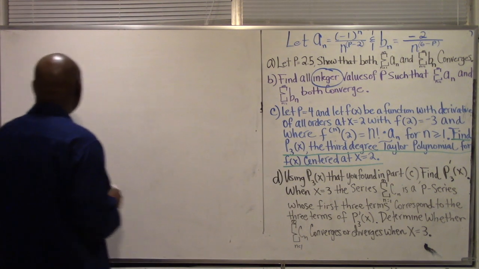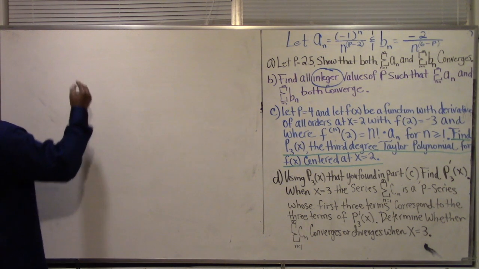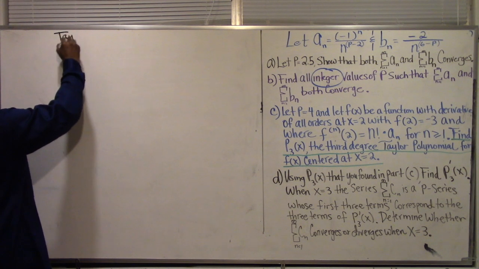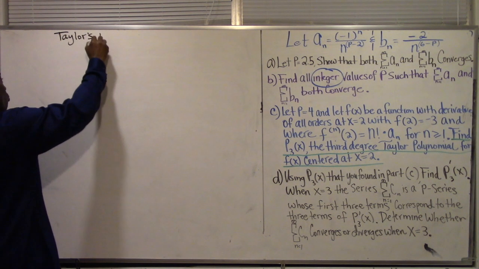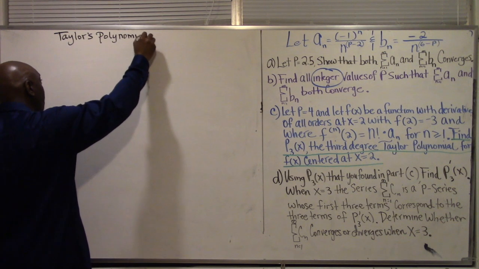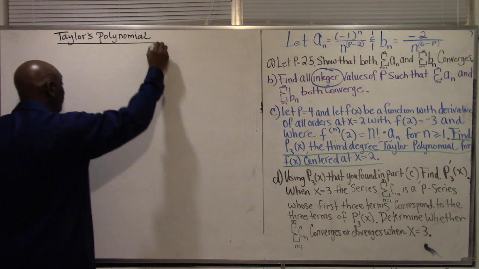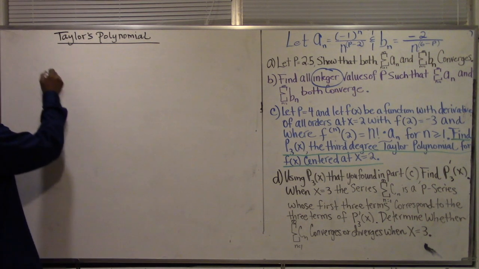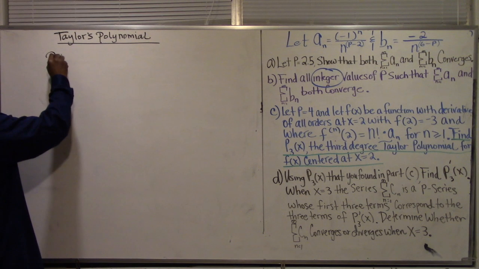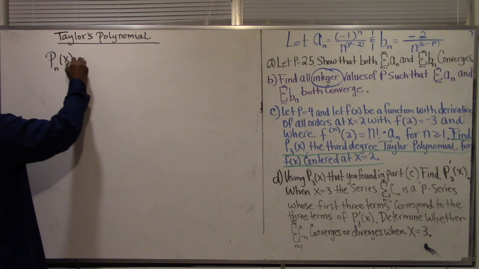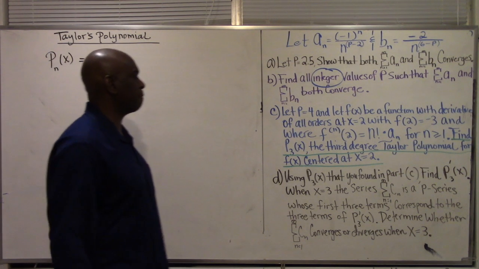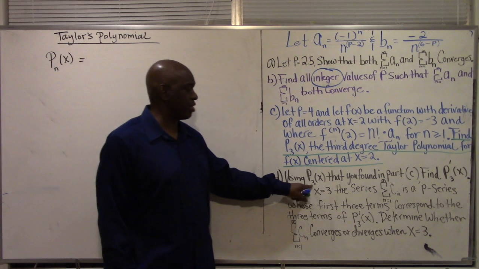Let's start with that. Okay? Taylor's polynomial. Let's start there. All right, and let's call it P n of x. I'm going to use P because that's the notation here.